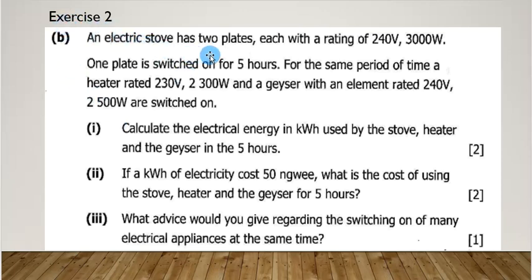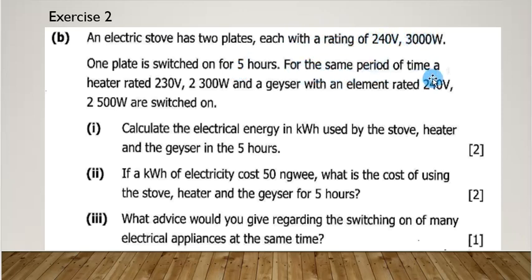An electric stove has 2 plates, each with a rating of 240 volts, 3000 watts. One plate is switched on for 5 hours. Remember, from the 2 plates, only one was switched on for 5 hours, and each has a rating of 240 volts, 3000 watts.